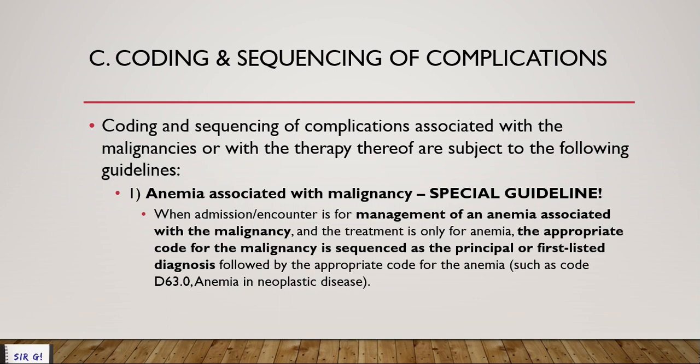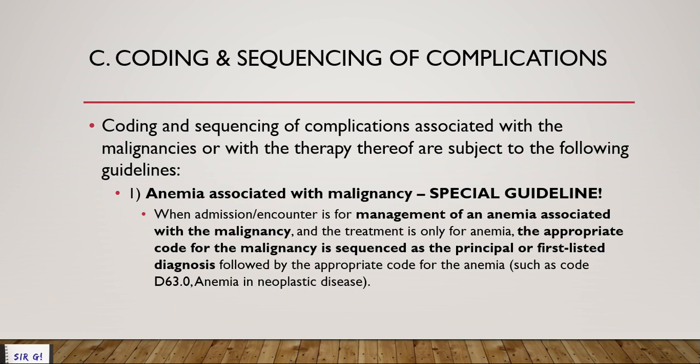So it's the opposite of our guideline that the first listed should always be the reason for encounter. This is an exemption. Okay, if the anemia is associated with malignancy, even if the reason for encounter is for anemia only, you need to code first the malignancy, followed by your anemia.